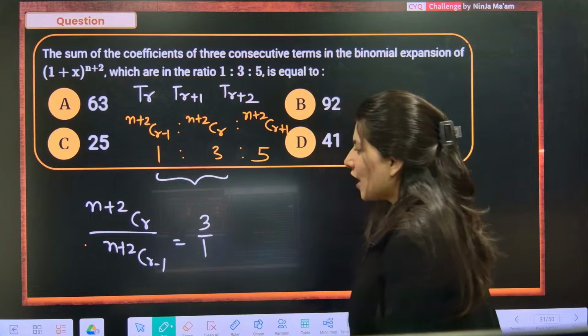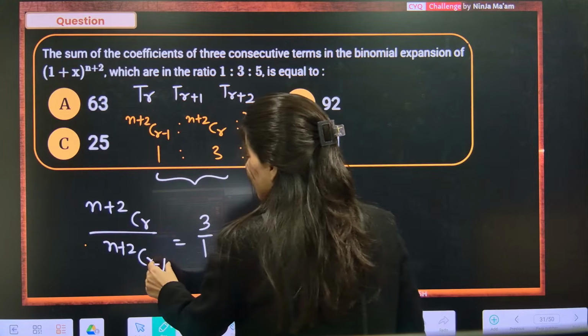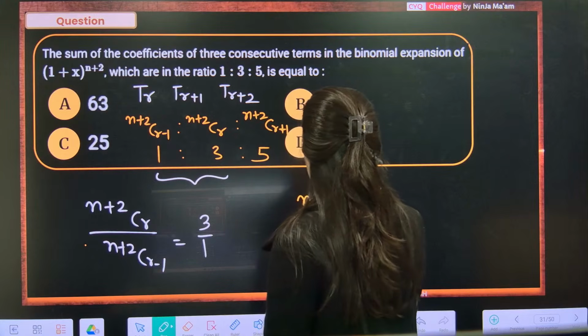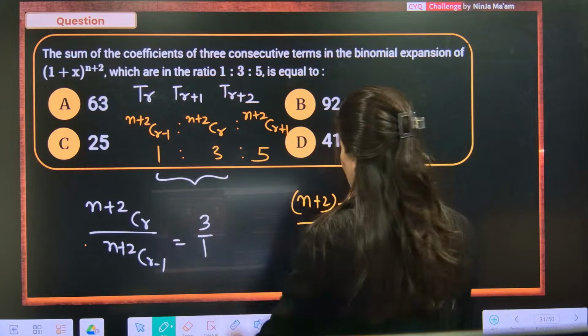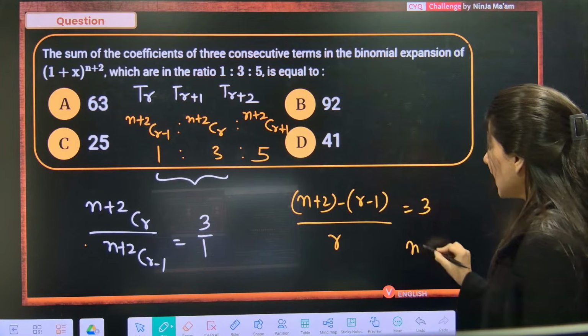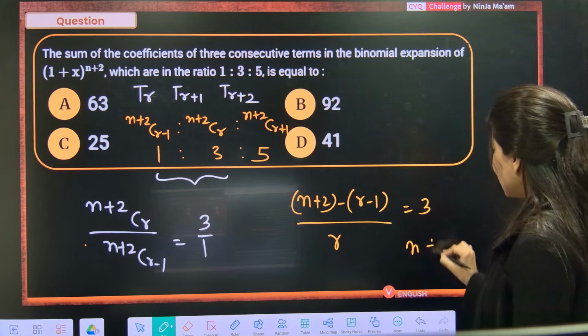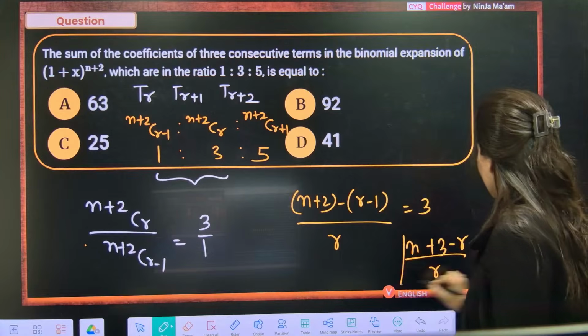Now again, can you see that shortcut? n+2 minus (r-1), so n+2 minus (r-1) whole upon r is nothing but 3. This is going to give you (n+3-r) upon r is equal to 3. This is the first equation.